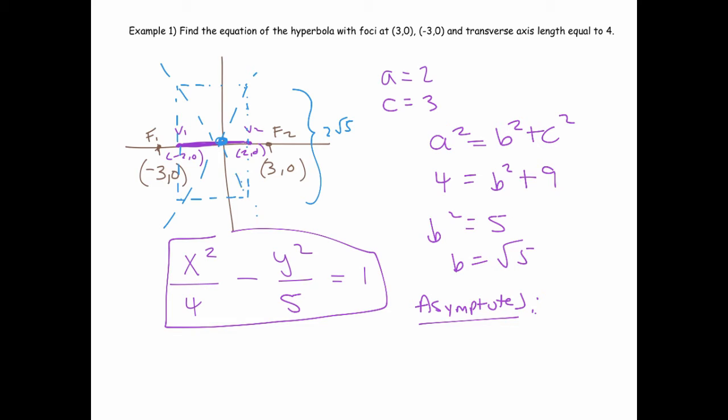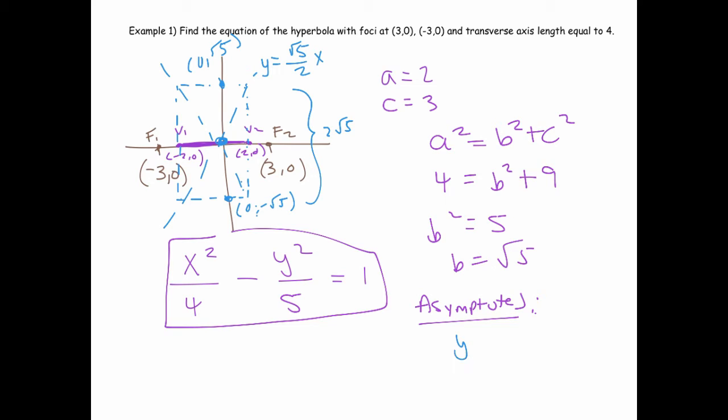the origin, and with this rectangle you can always recover information about the slope, because this rise, so there's my b value, is root 5, so that must have coordinates (0, root 5), and that must have coordinates (0, negative root 5), which tells me that the slope of this line here, going from the origin to that top right corner of that rectangle, the rise is root 5 and the run is 2.